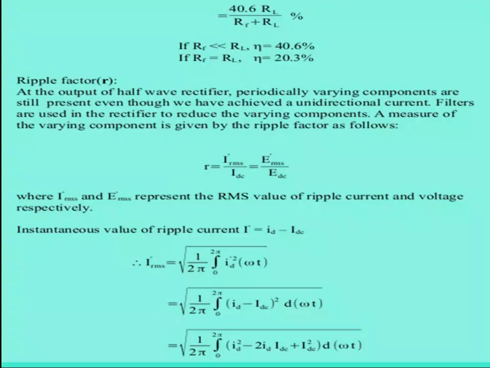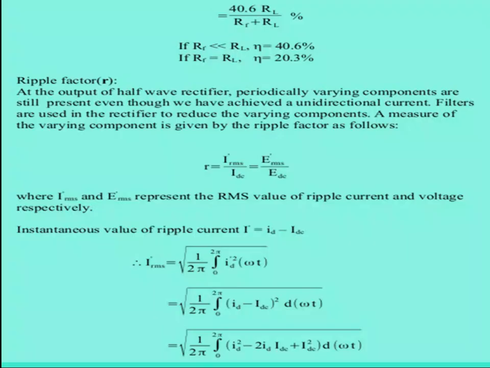So we should think about keeping the load resistance very high. That's why we put the load resistance in the kilo ohm order, such that we can get the efficiency of 40.6. But obviously the question will arise that the efficiency is very low. Yes, because we are only utilizing the positive half cycle of the system.